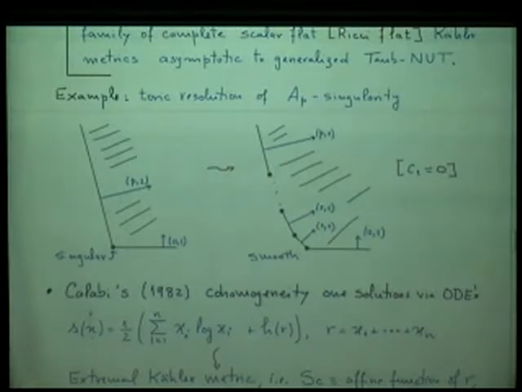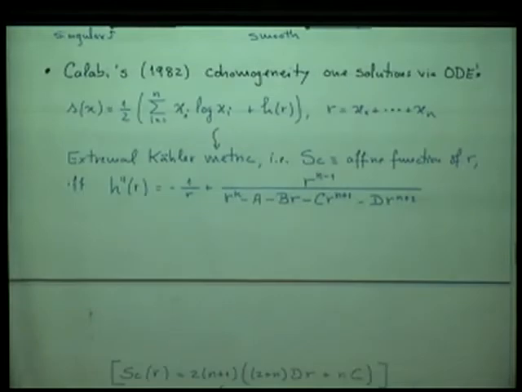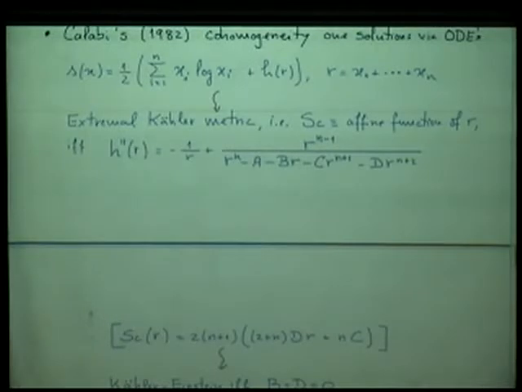And this is a family which is much older than when I started working on this. This is the family of metrics that Calabi in 1982 used to construct the first examples of non-trivial extremal Kähler metrics. So let me say just a few words about what extremal Kähler metrics are.